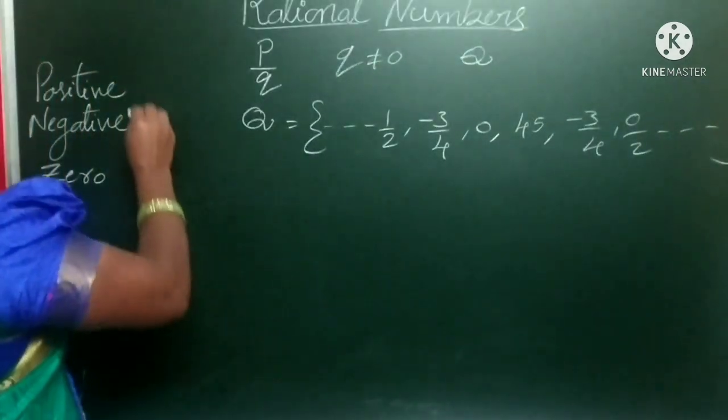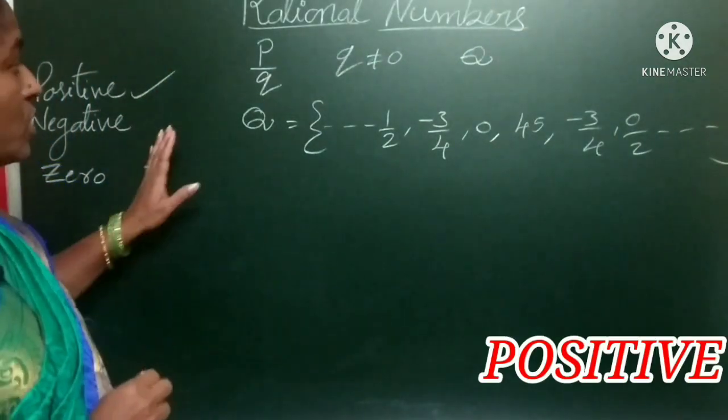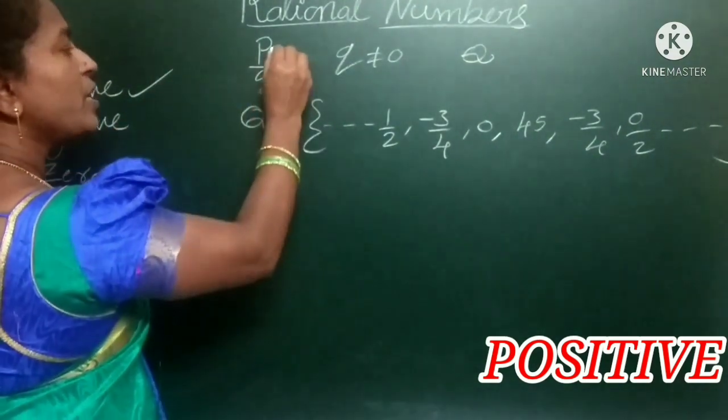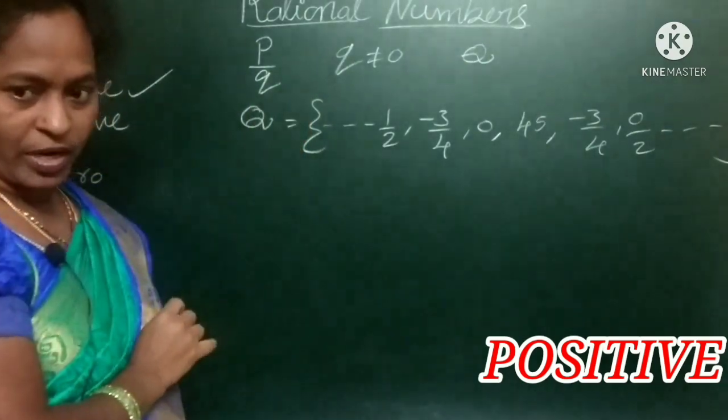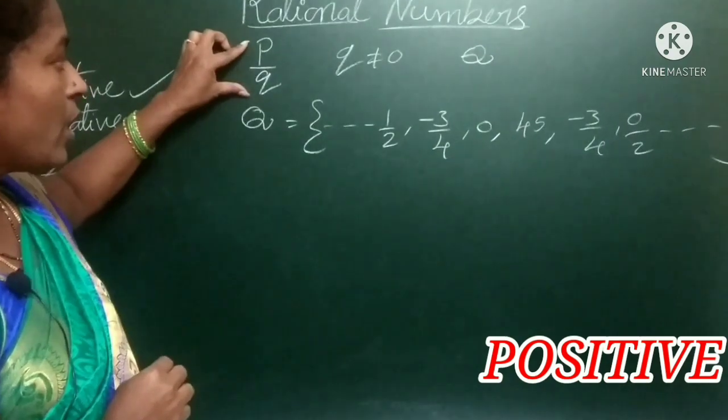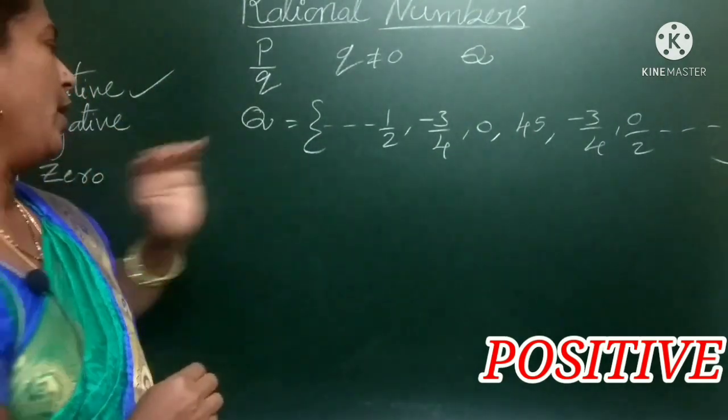So here, positive rational numbers. In the form p by q, p is called the numerator and q is called the denominator. Positive rational numbers mean the numerator and denominator are either both positive or both negative.